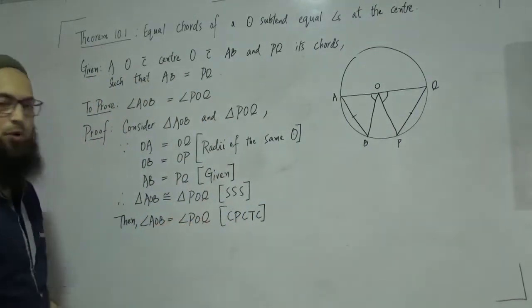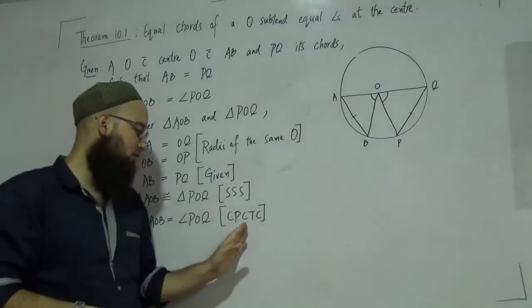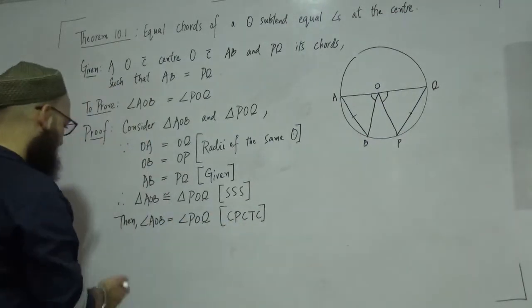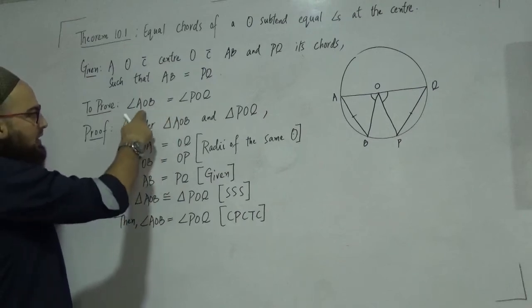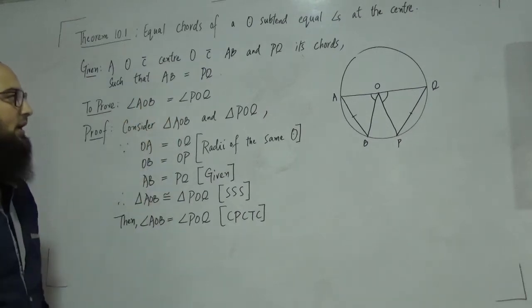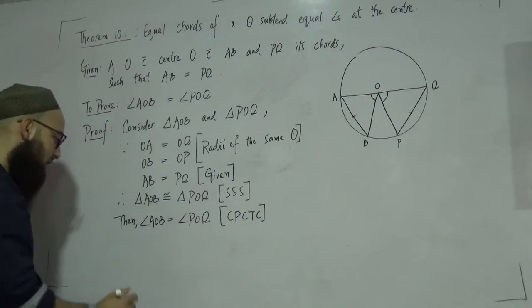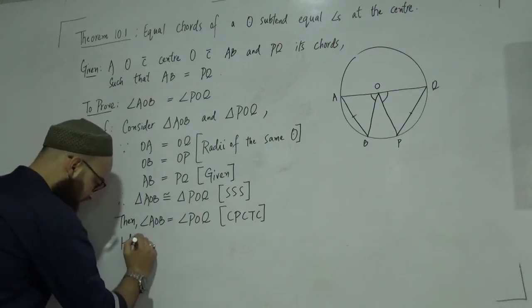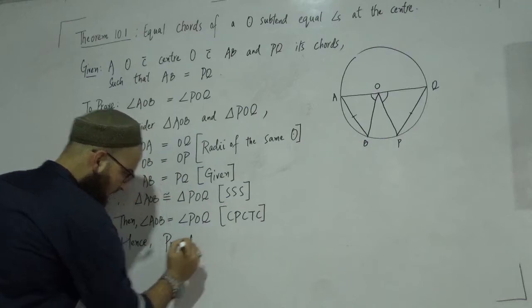Because these are corresponding parts of congruent triangles, and we know that corresponding parts of congruent triangles are congruent. And that's it. We had to prove angle AOB is equal to angle POQ. So we are done. Hence proved.